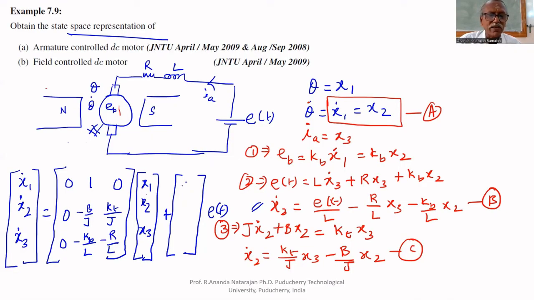No E of t in the first equation, no E of t in the second equation, E of t in the third equation. That is 1 by L. That's all. This is the state space model of the armature controlled DC motor.